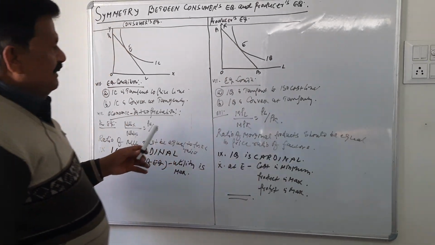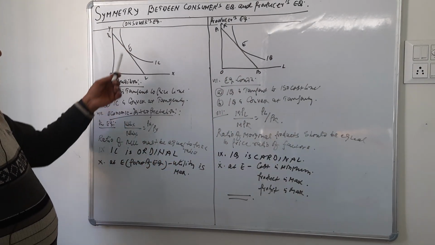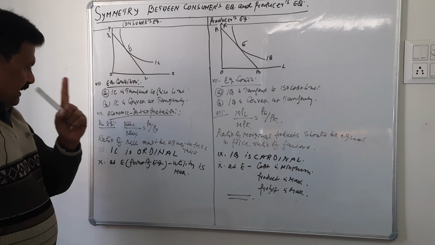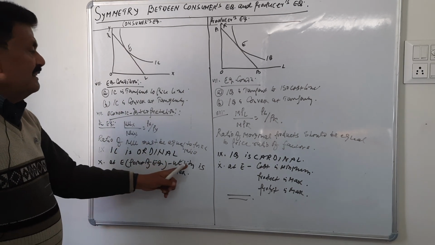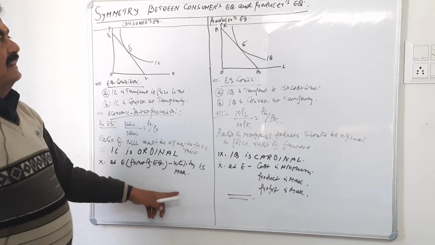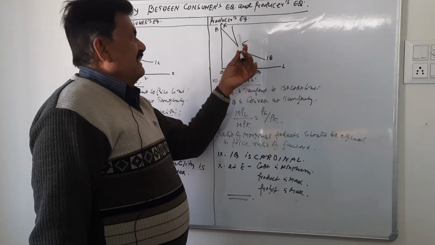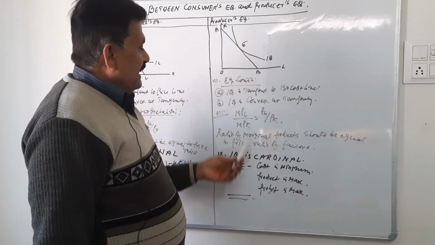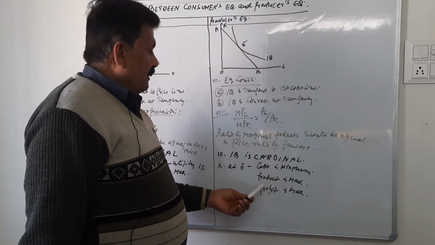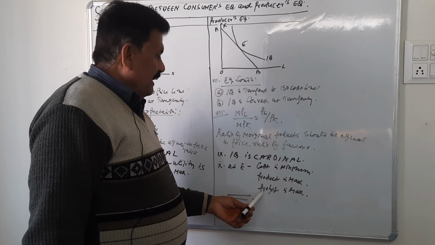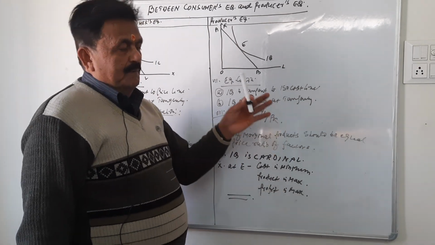And finally, we may differentiate that at point E, only one phenomenon is happening, that is, utility is maximum. But in the case of producer's equilibrium, at point E, three phenomena are taking place at the same time: cost is minimum, product is maximum, and profit is maximum.